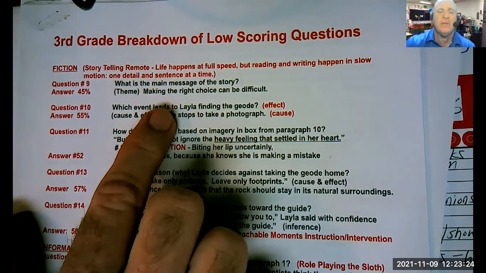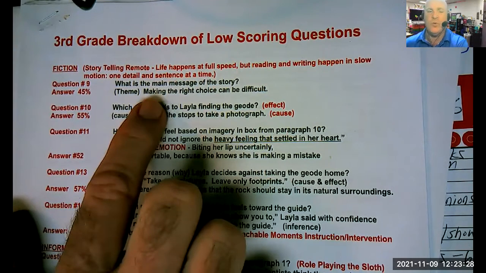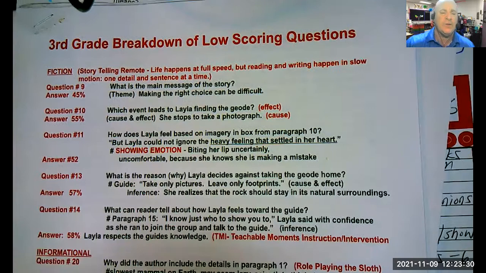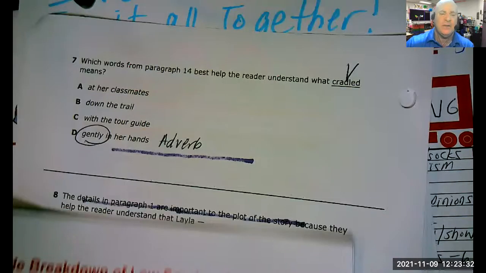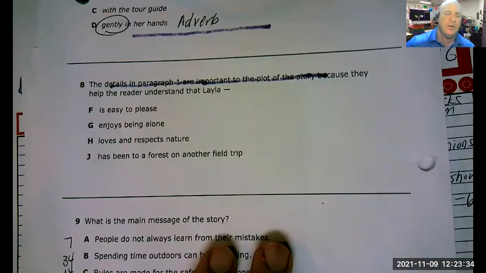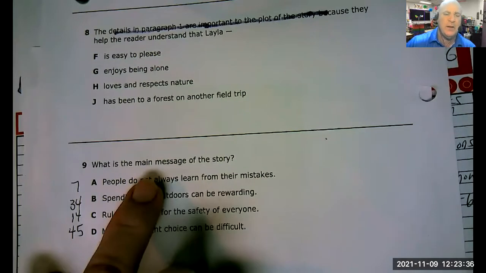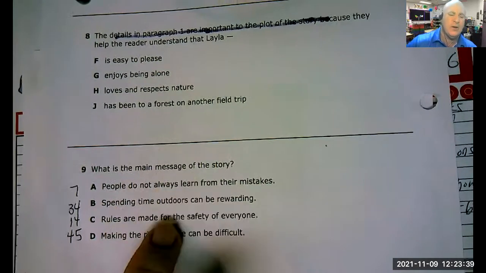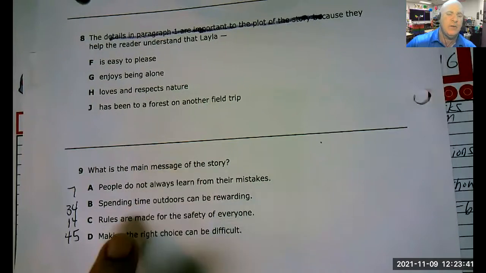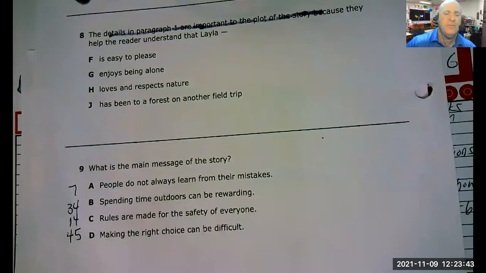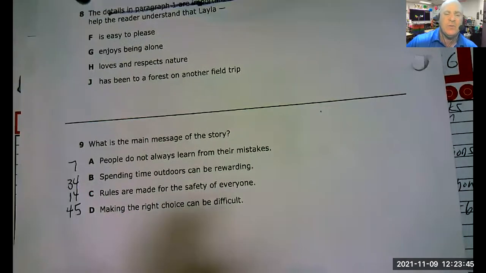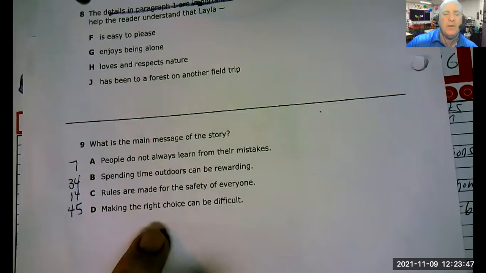Well, if there's a problem, then this could work. But let me show you the question so we can find out why so many kids had trouble. It said, what is the main message of the story? This is third grade. And so that means you're a third grader, went into fourth grade, not understanding really the concept of the message. And the correct answer was making the right choice can be difficult.